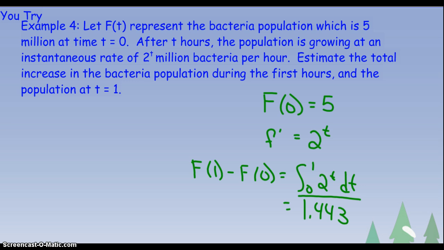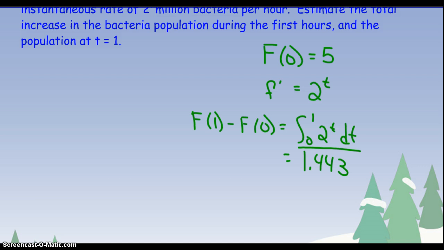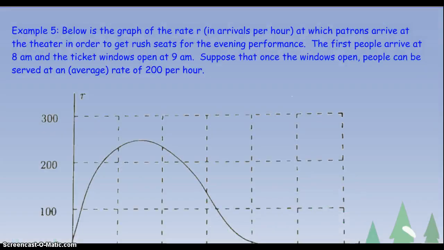We already know that f(0) is 5, so I add the 5 over. So at year 1, we would have 6.443 million bacteria, and the change there would be the 1.443.